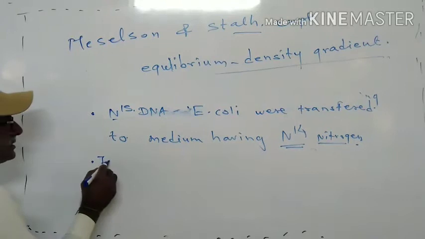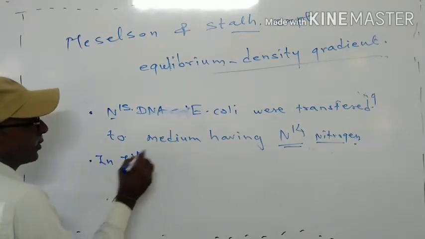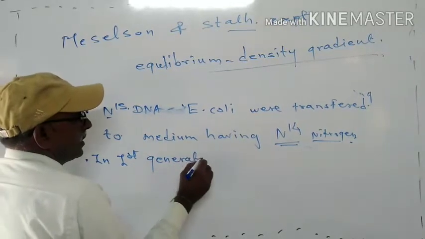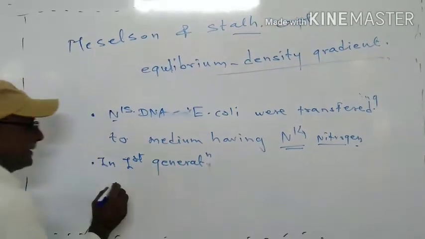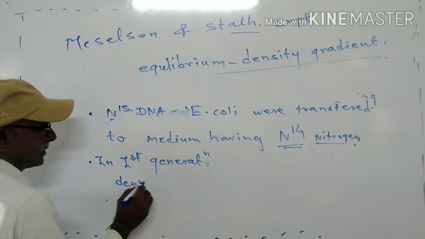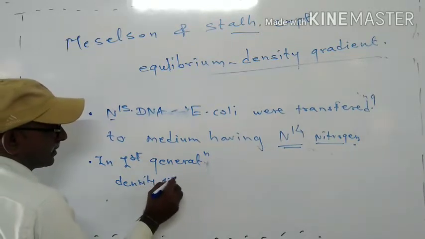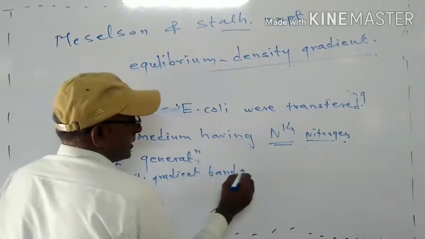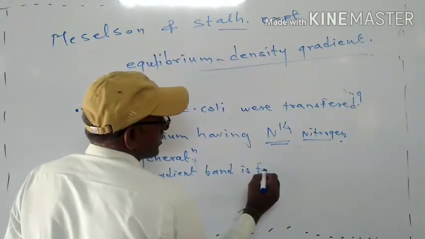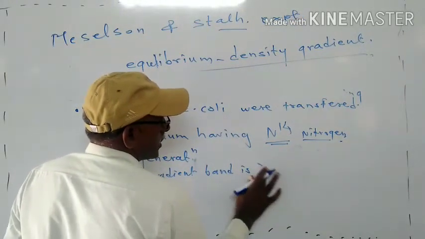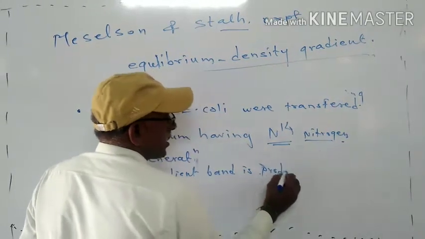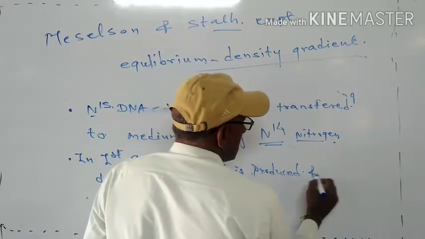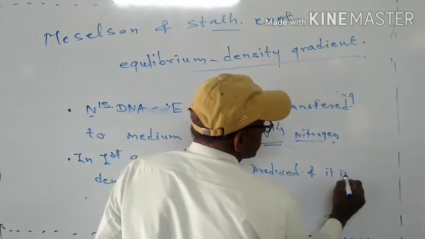So in first generation, a density gradient band is produced and it is recorded.